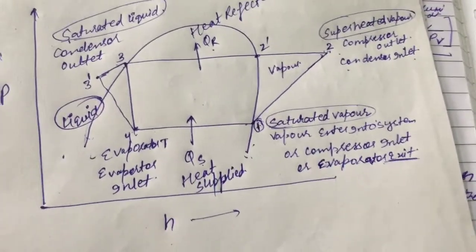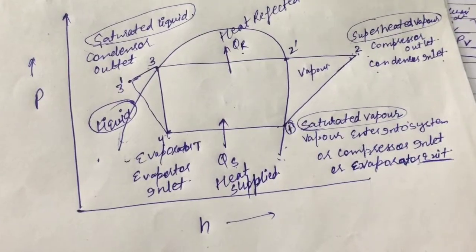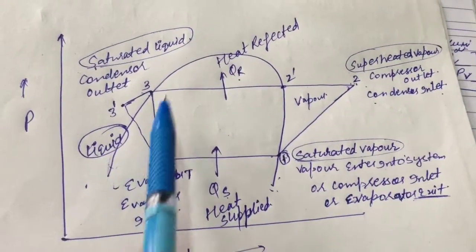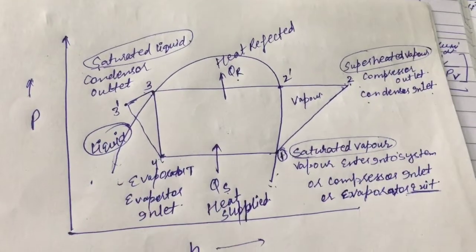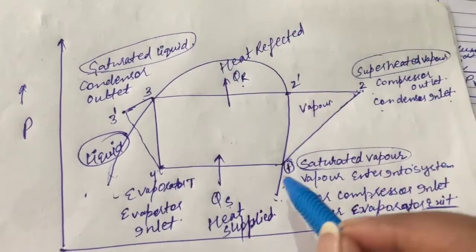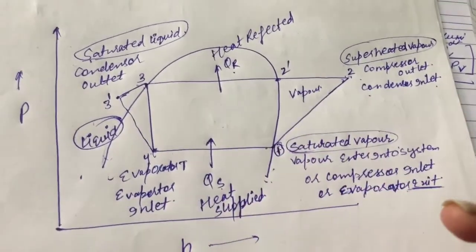What usually happens in questions is we are given different temperatures, like the condenser inlet or compressor inlet or condenser outlet, compressor outlet, any temperature of any point, and we have to calculate heat rejected or heat supplied.